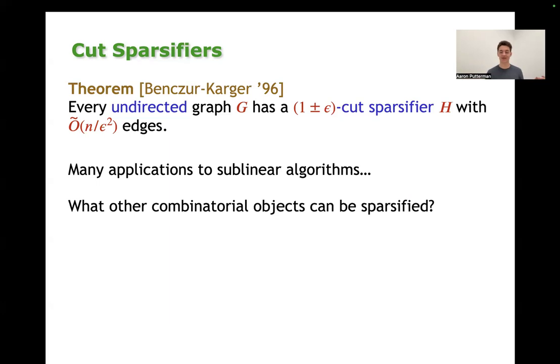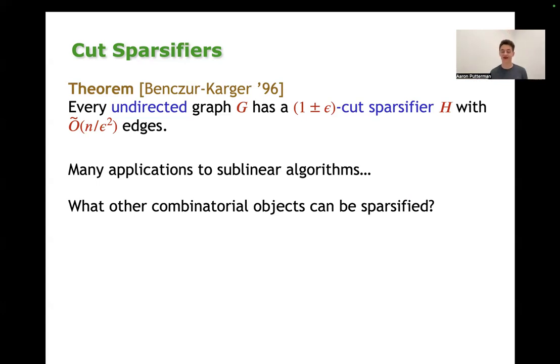Naturally, this has applications to, for instance, dynamic streaming algorithms, where having this approximate information of a graph is very important. You additionally have the constraint that you can't afford too much space to actually store the entire representation of the graph.